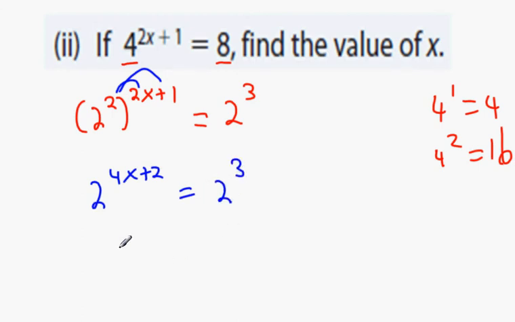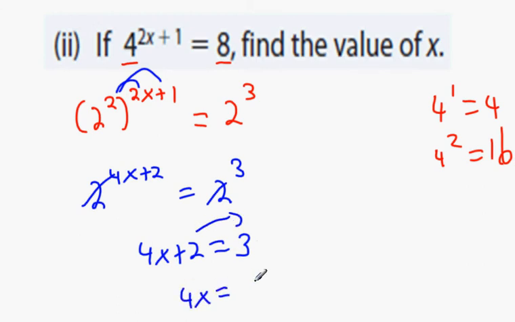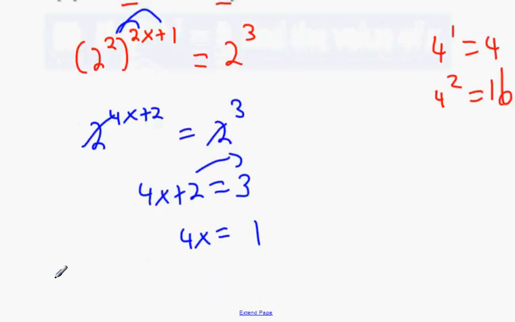Cancel out the 2s. And I get 4x plus 2 equals 3. Now what? Bring over the 2. 4x equals 1. And then? Bring the 4 over. X equals? 1 over 4. Here we go. Well, no bother to you.